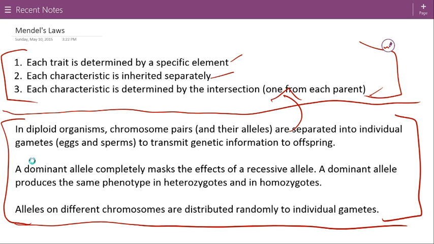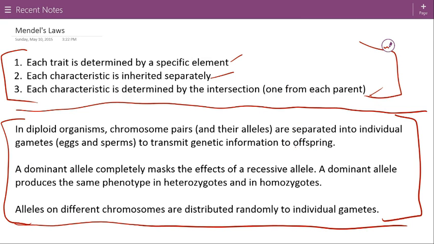What that's saying is that basically parent information is split in half and then is recombined to produce progeny or offspring information. Each characteristic is determined by the intersection of the parent information. Diploid organisms, chromosome pairs are separated and then combined together for the offspring. So basically, half of your mom, half of your dad, they combine together and that makes you.